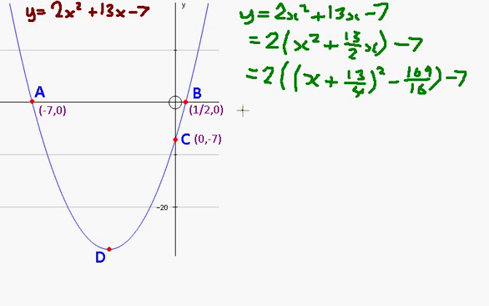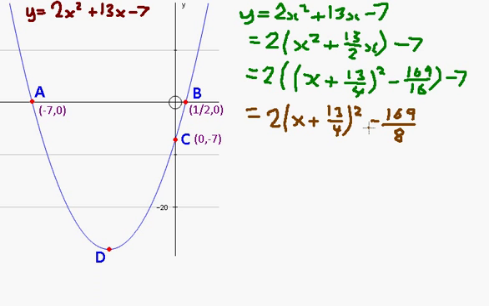Right, now what I'm going to do is multiply through by that 2. So I'm going to have 2 times (x plus 13 quarters) all squared, and I'm going to need to multiply the minus 169 over 16 by 2 as well. So that's going to give me minus 169 over 8. I could have multiplied the 169 by 2 and then simplified.